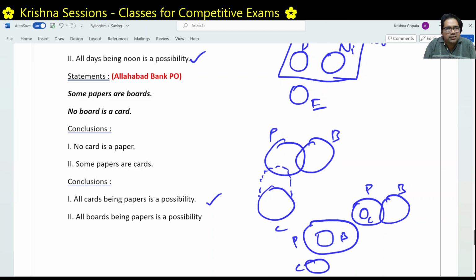So here in this case, look at this condition. The condition is not some boards are papers. There's a difference between some boards are papers versus some papers are boards. Some papers are boards means papers can be the bigger set and boards can be a subset also. It doesn't mean that there will always be some boards which are not papers. This only means there will always be some papers which are not boards.